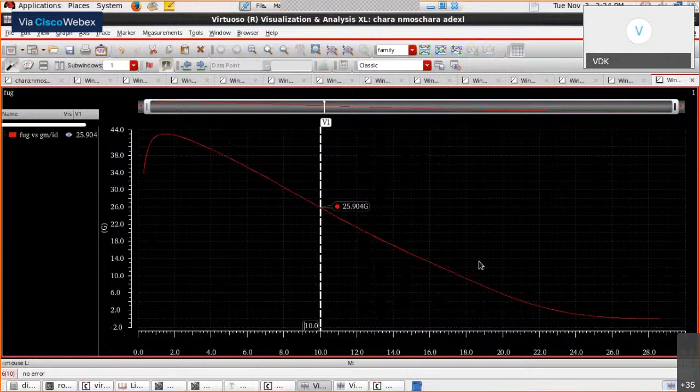Okay, so we get the FT value as approximately 26 gigahertz.